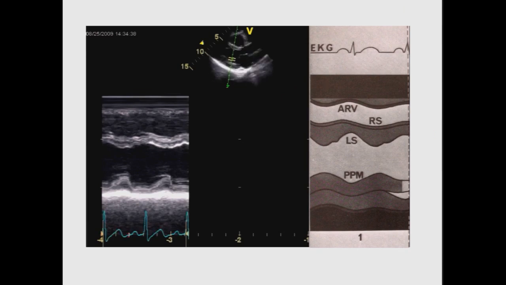So here we have the M-mode cursor through the left ventricle. A couple of things I'd like to point out: you have a nice uniform thickening of the septum, about 40%, and of the posterior wall.